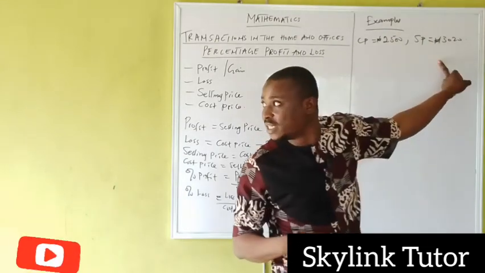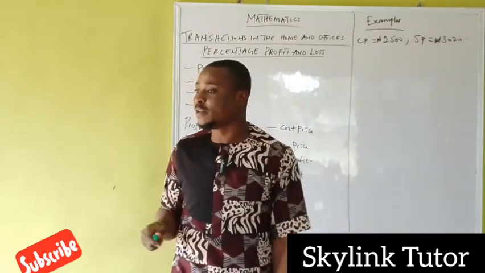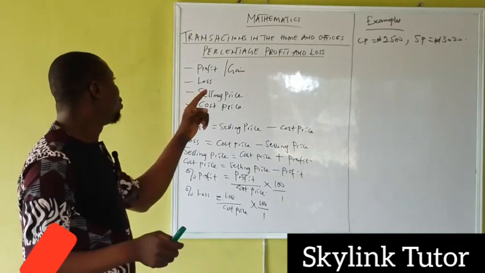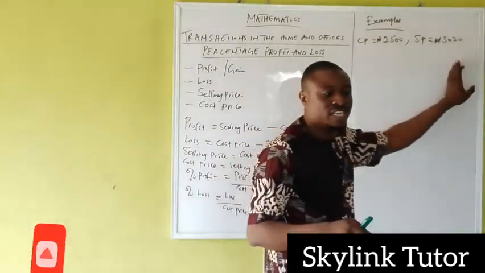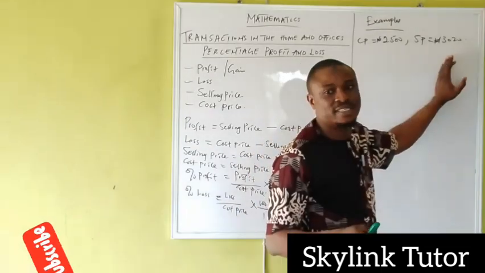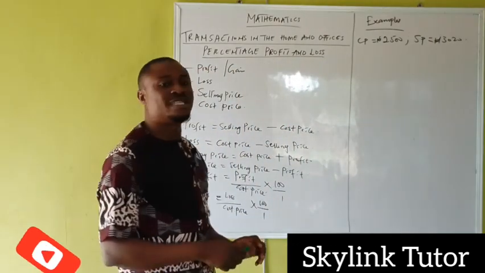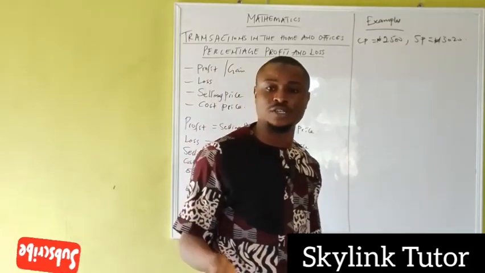But if your cost price is higher than your selling price, that means you are making a loss. So here, they said we should find the profit percent or the loss percent.